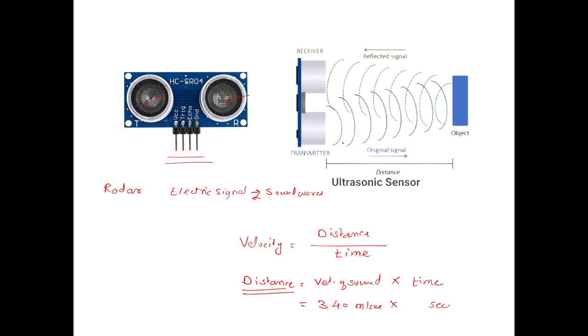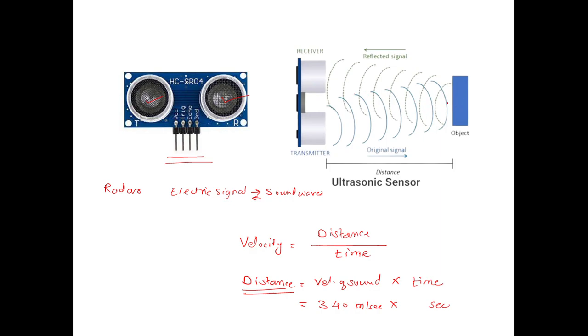The transmitter transmits the ultrasonic waves, they hit the object and return back to the receiver. So the total time required for this entire travel is this time. However, whenever you calculate the distance, it will be taken with half of the time, because I want the distance from the transmitter to the object, while the time is calculated for the entire travel, starting from the transmitter, hitting the object and going back to the receiver.